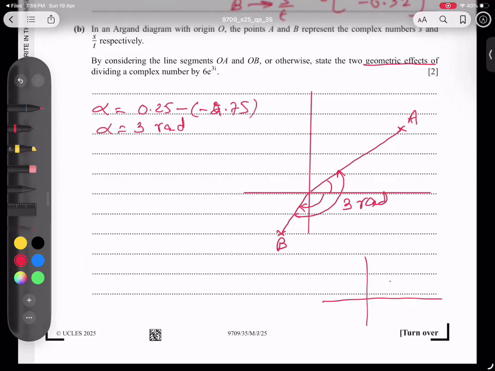So we can say that it is a clockwise rotation. This is my first answer: rotation, 3 radians clockwise. I think the point is very clear. The center doesn't need to be mentioned, even if you mention 0, 0, no issue at all.